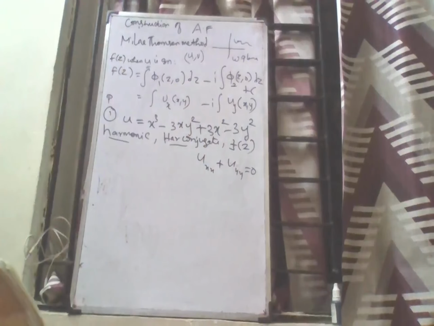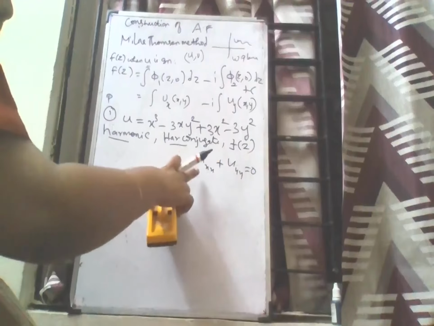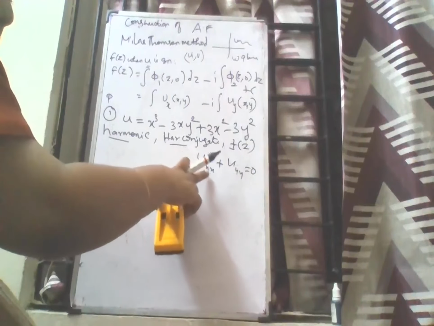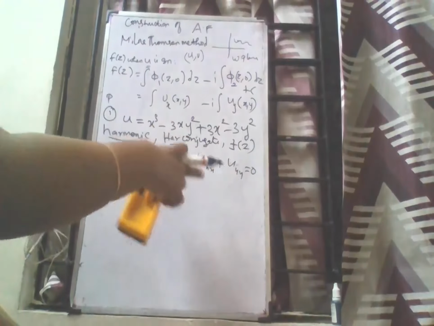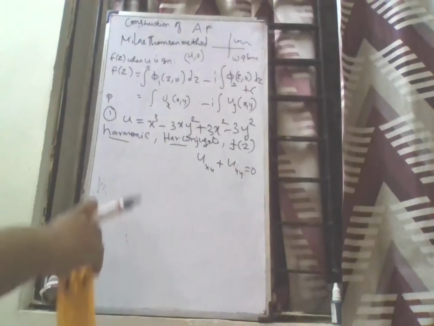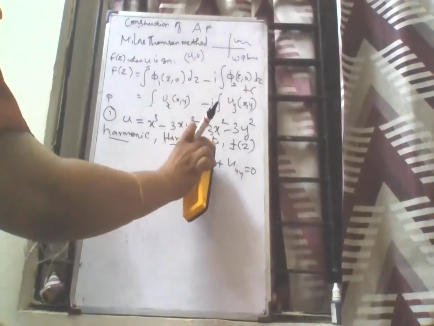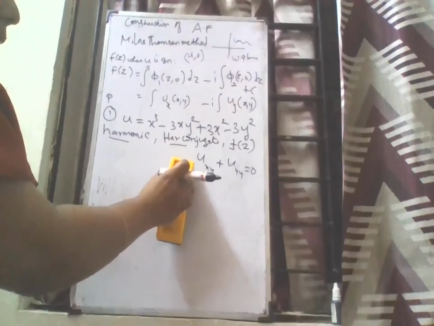Harmonic also represents the same equation. So the second order partial derivative of u with respect to x and the second order partial derivative of u with respect to y add up to 0. So if it satisfies, we call this u harmonic. Okay. So I'll try now. Harmonic I'll prove.